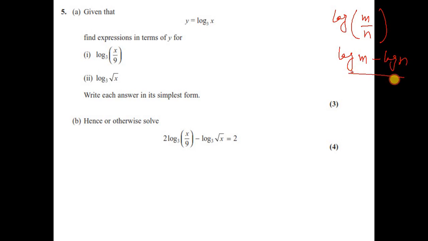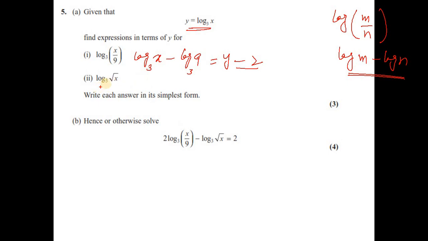This is called the second law of log, so you can apply this law here, and you can write log base 3 of x minus log base 3 of 9. And log base 3 of x is your y, so this is y minus, and log base 3 of 9 will give you 2, so y minus 2. So this expression can be written as y minus 2.